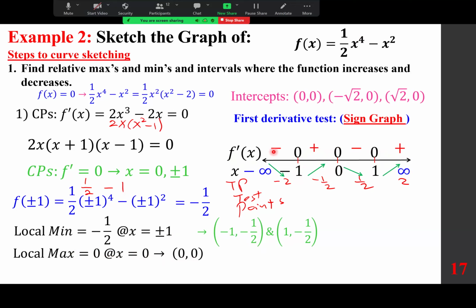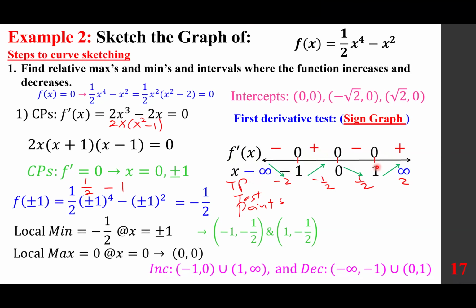Where is the function decreasing? Where we see negative. The function is decreasing from negative infinity to negative 1, union 0 to 1. So the first derivative test gives us local extrema, intervals of increasing and decreasing.